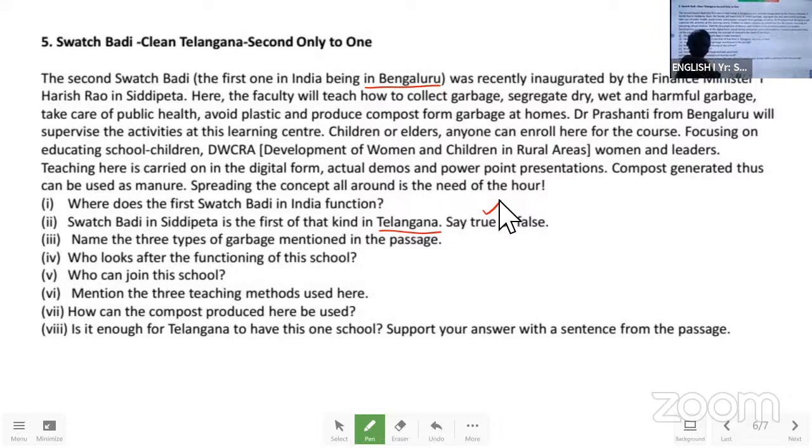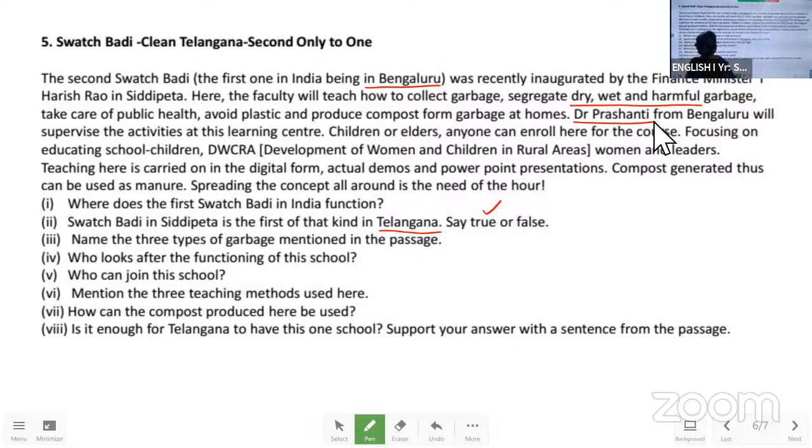Now name the 3 types of garbage mentioned in the passage. There are 3: dry, wet, and harmful. Just write the 3. You don't have to write a complete sentence. Who looks after the functioning of this school? It is Dr. Prashanti. If you have read the passage quickly, you'll get the answers quickly. Who can join this school?